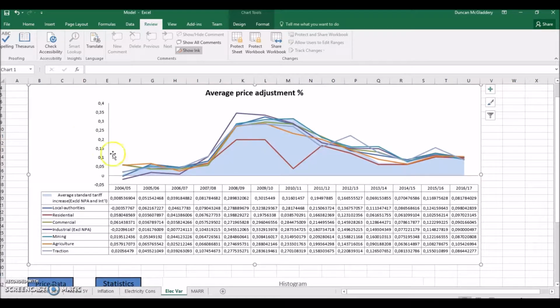If we look at this chart, we can see that between 2004 and 2008, there wasn't much of an electricity price increase, but we then went into a super high period where we were being charged an increase of between 30 and 35%. This then stabilized in 2013, and it's looking like it's hovering at around 7 to 10%.